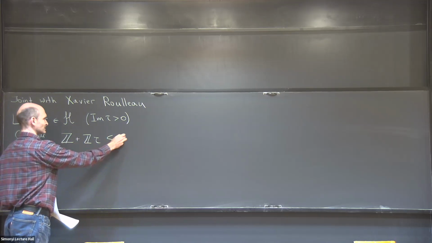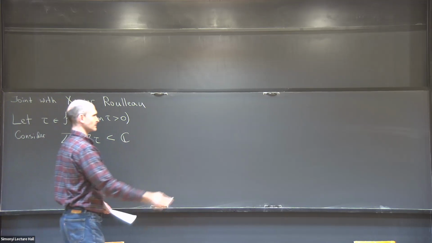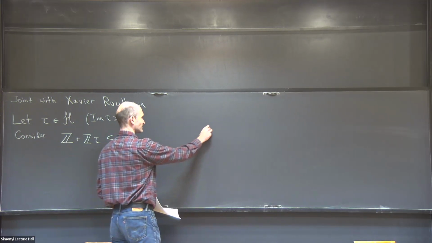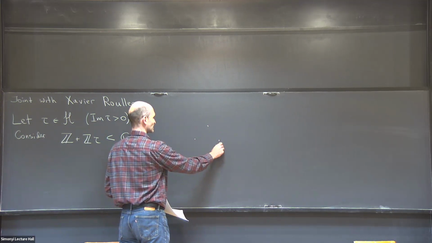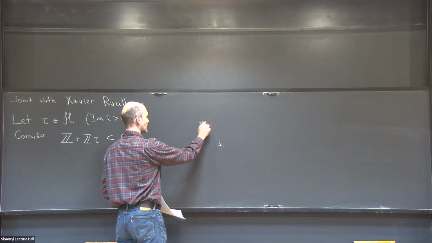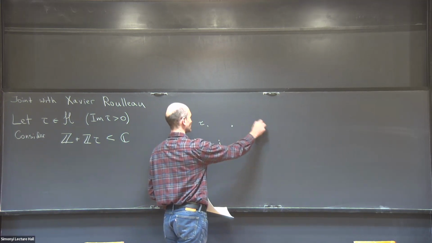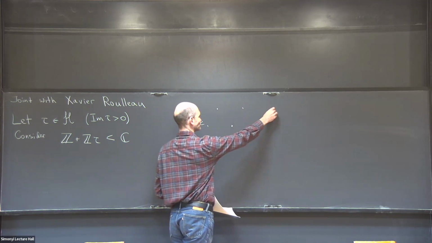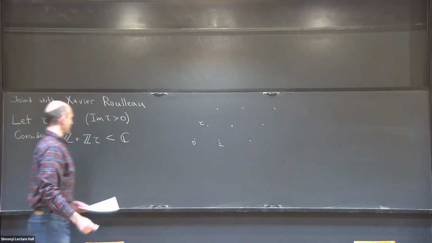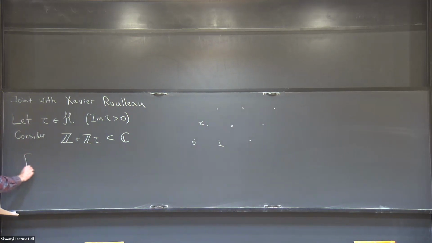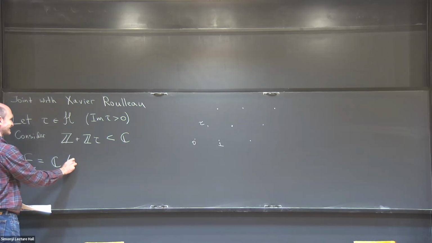It's an additive subgroup of C. So something like this, this will be 1 and this will be tau. And I'm looking at the subgroup generated by it. Okay. And I am interested in the following construct, E, which is the quotient of C by this lattice.